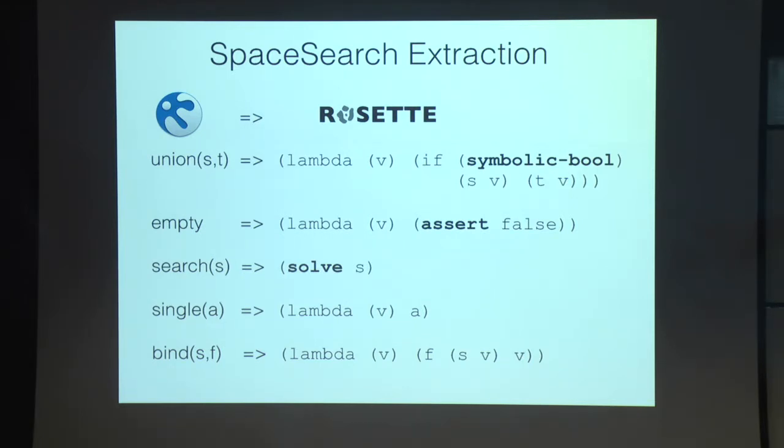Note that we have all of this wrapped in funcs just to deal with differences in Racket's evaluation versus Coq's evaluation, but don't worry about that too much. The empty set is just an assertion of false, and searching we do using solving.